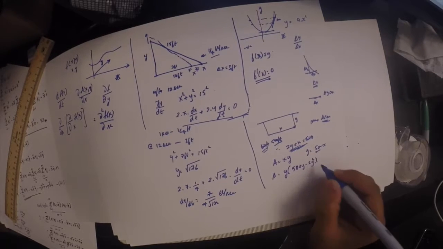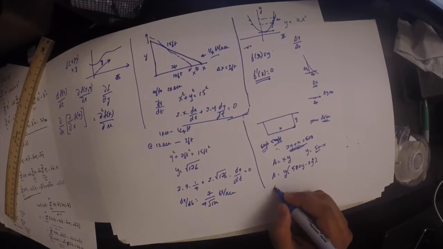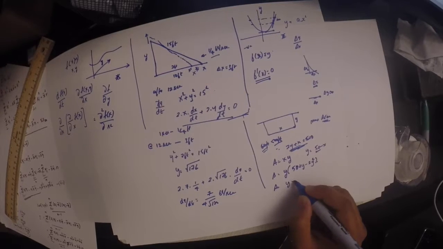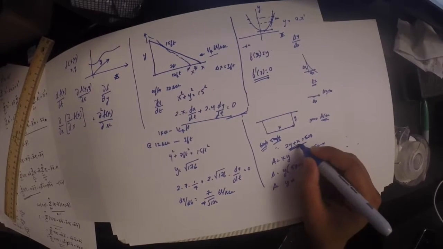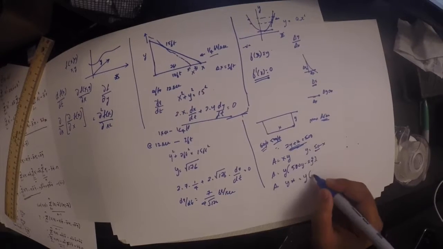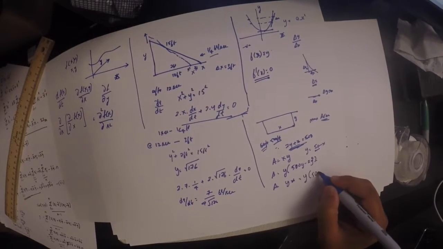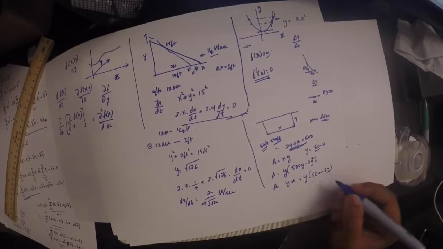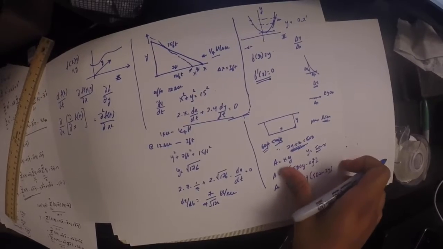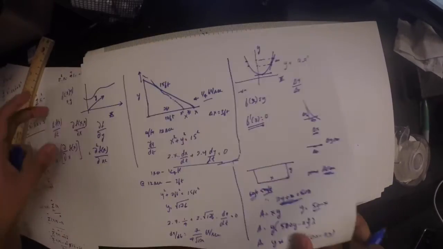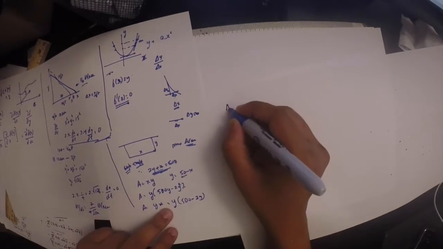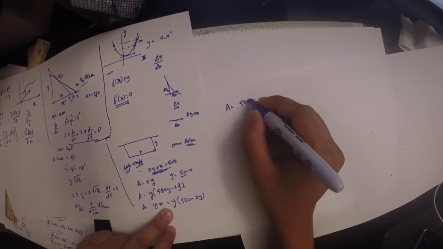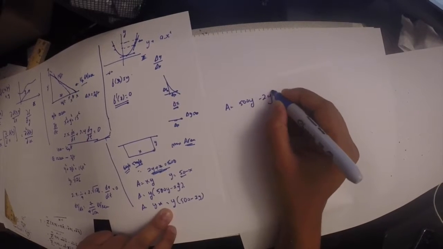That is, A equals y into x. We will solve this equation. That's going to give us y into 500 minus 2y. If we solve this, we get A equals 500y minus 2y squared.